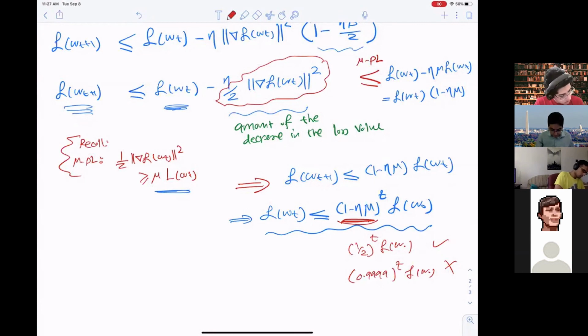Okay, so let me pause here because I see there are a few questions posted. There is a question: is there a way to control mu? Very, very well. So I'm going to talk about that.